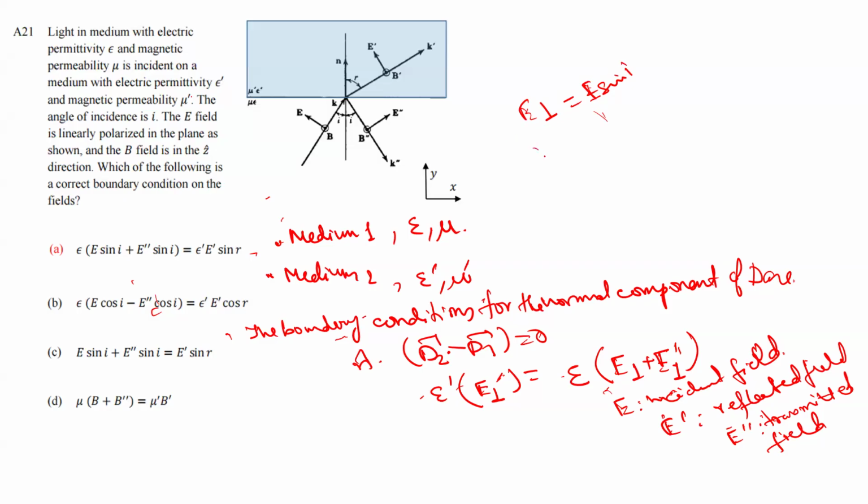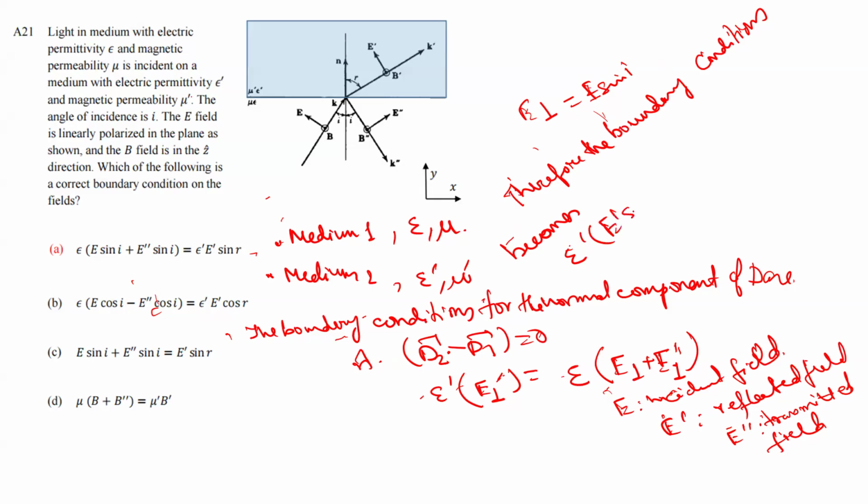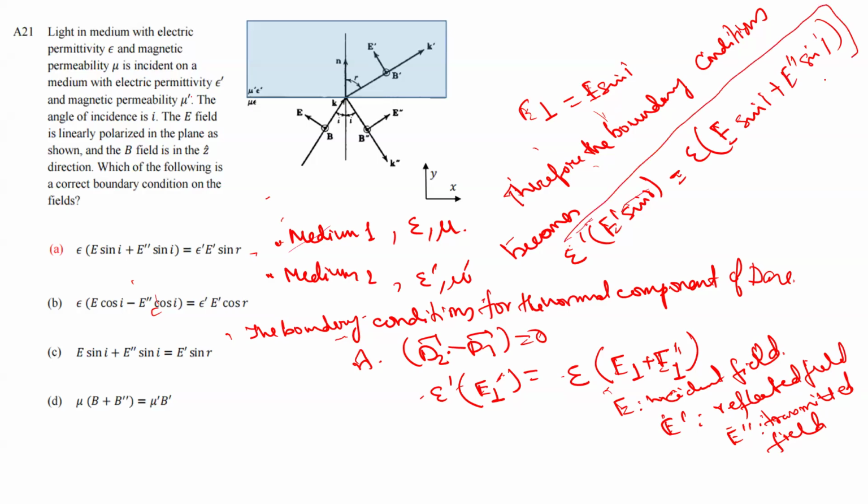Therefore, the boundary condition becomes sine R equal to epsilon E sine I plus sine I. So from here it is clear that option A is correct for the above problem.